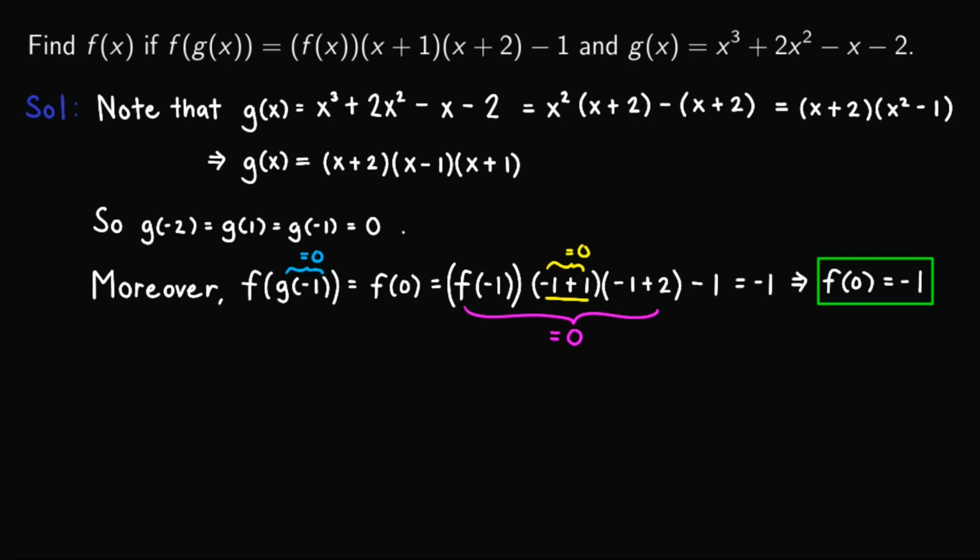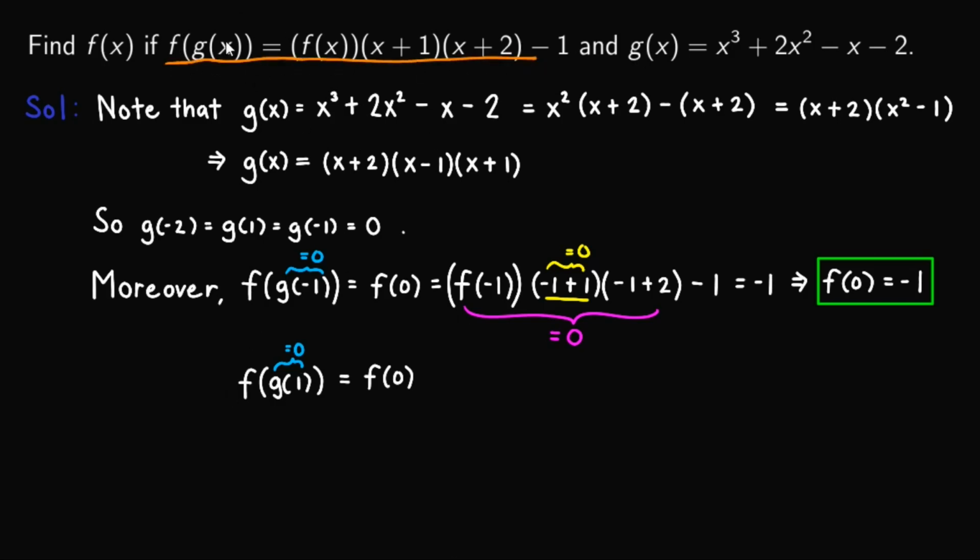Aside from this, take note that f of g of 1 is equal to, again, g of 1 is equal to 0 from here. So this one is just equal to f of 0 as well. And then we apply this one out here to this.